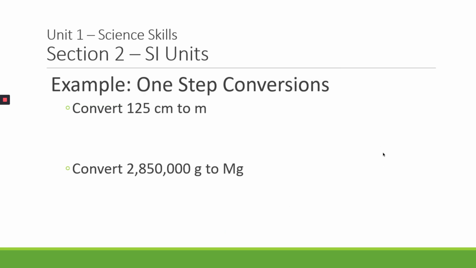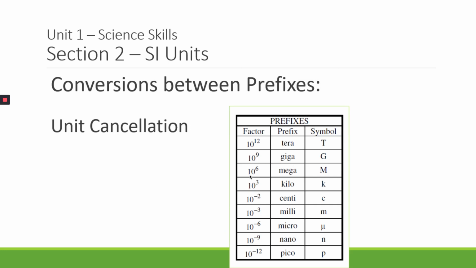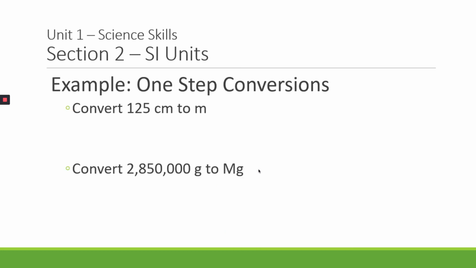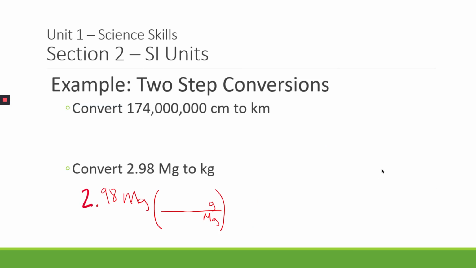Let's check that. Mega is 10 to the 6. All right, so that means that 1 megagram equals 1 times 10 to the 6 grams. Note, I kept the 1 in grams, and I replaced mega with that number from the chart, times 10 to the 6.